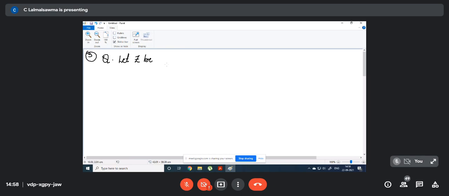So let Z be the set of all integers. Z goes to infinity on the negative side and also on the positive side, but it does not include decimals.